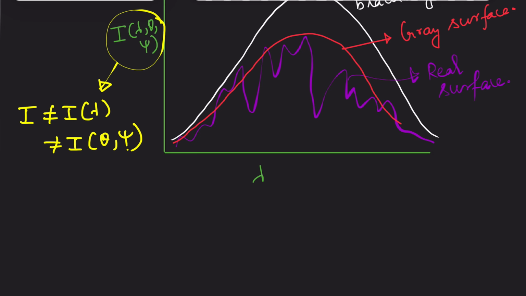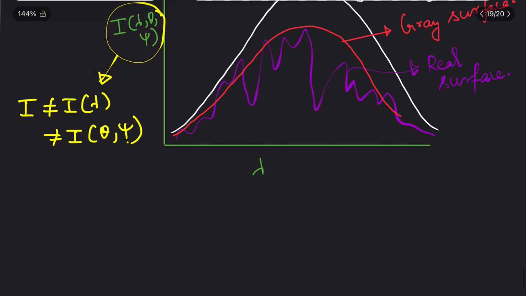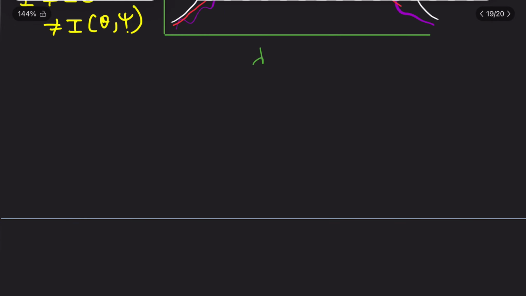If I say that it is a diffuse or gray surface, that does not mean that the incoming or outgoing radiations are invariant with respect to lambda, theta and psi. Only the surface properties are independent of those.